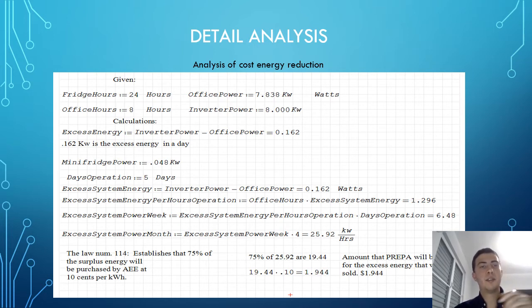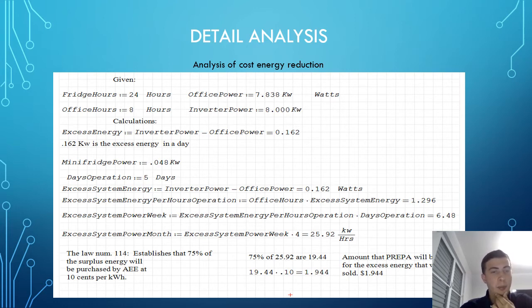Then we have the office power and the inverter power, and the calculation is the inverter power minus the office power, that is 0.62 kilowatts. This is the energy in a day.